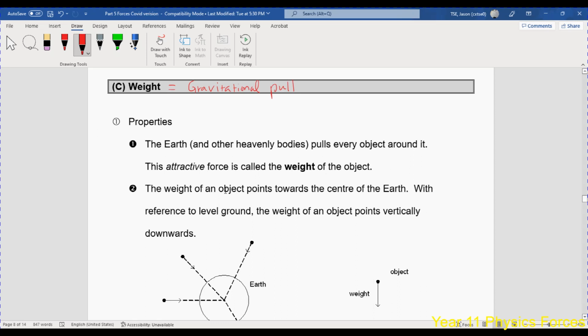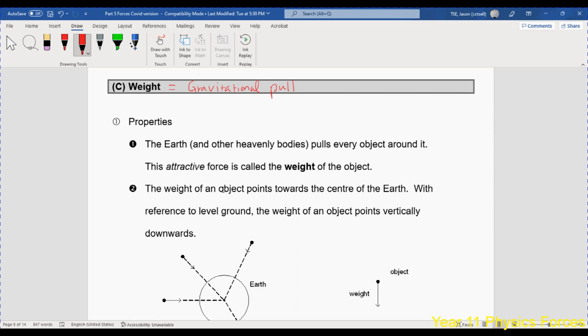And the gravity comes from the Earth for us because the Earth is the largest massive body in our proximity, right? Of course, another one is the moon and the sun, but they are rather further away from us. So for us, we are under the influence of the gravity of the Earth.